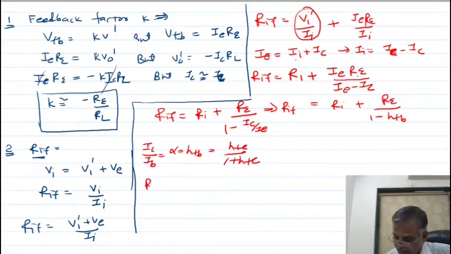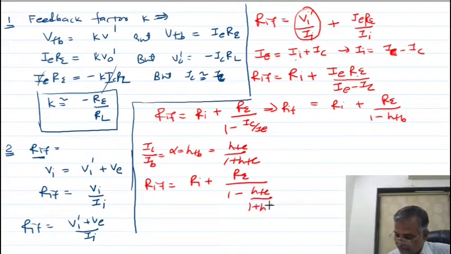So I am putting this value here: Rif equals Ri plus Re upon 1 minus HAB upon 1 plus HAB.